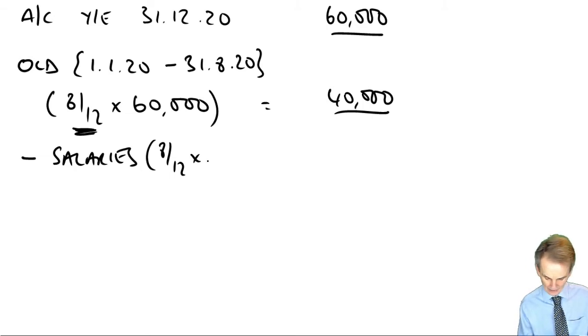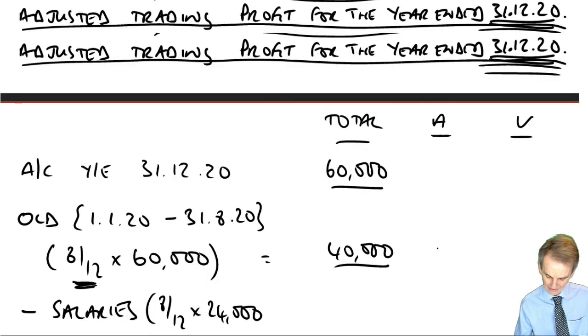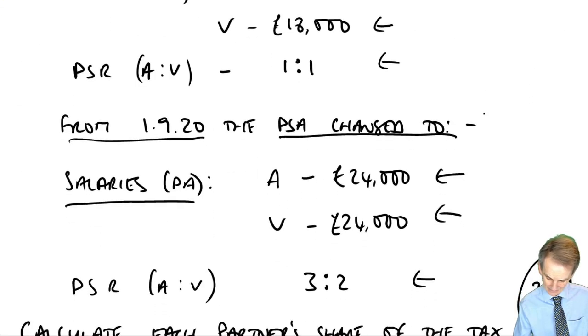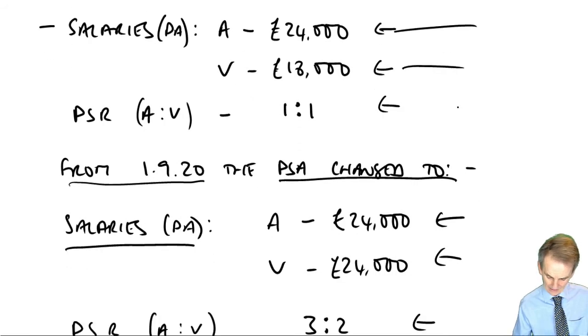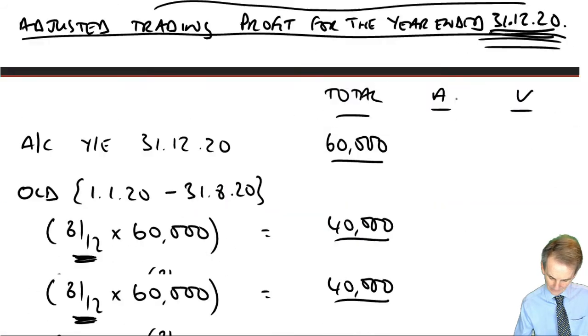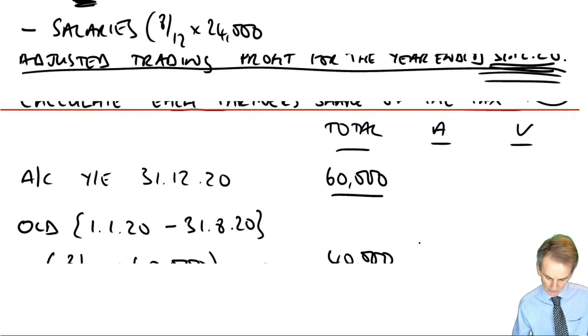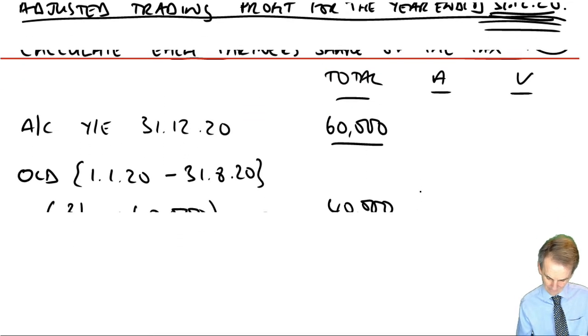Now I think the two salary figures that we had were 24,000 and was it 18? Yeah, there we go. 24 and 18,000. So we want 8 months worth of those particular figures.